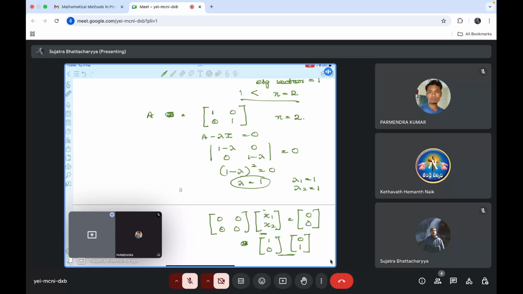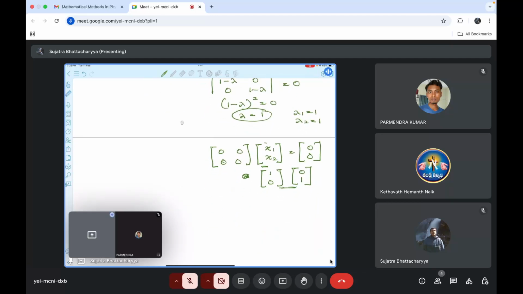Here they are independent, but still the lambdas come out the same. So this is one of the examples of a non-defective matrix, although the eigenvalues are not distinct. Okay, this is important.